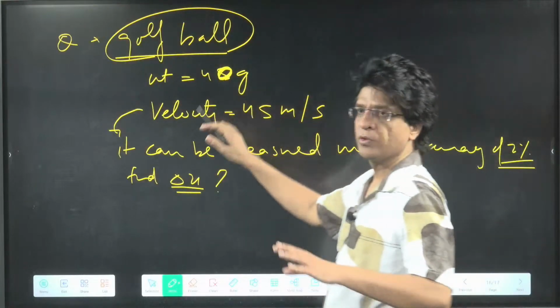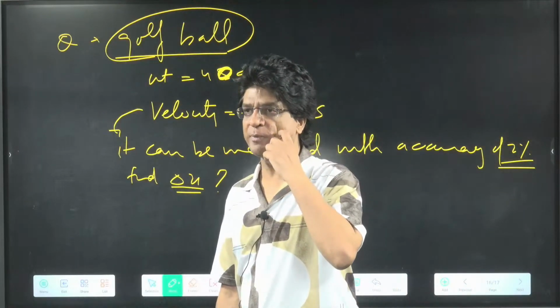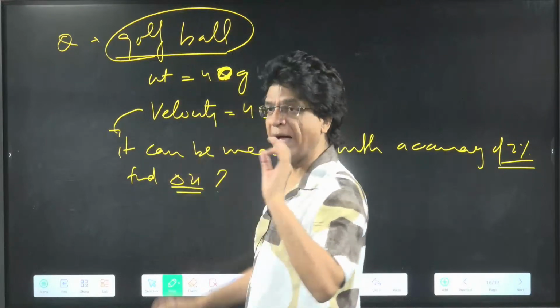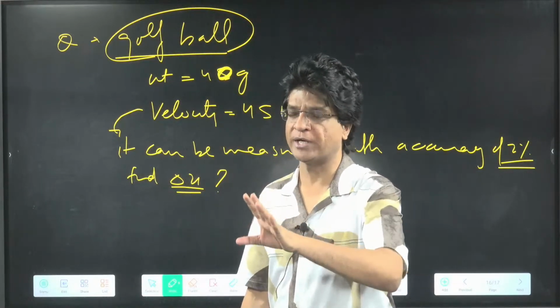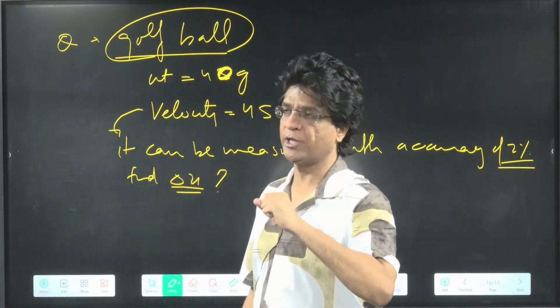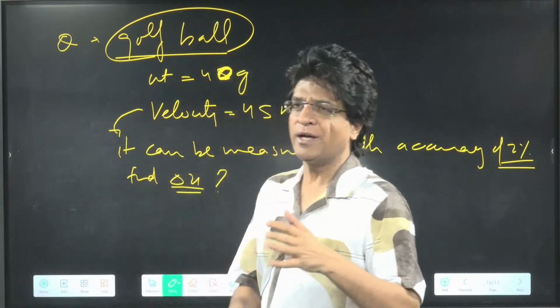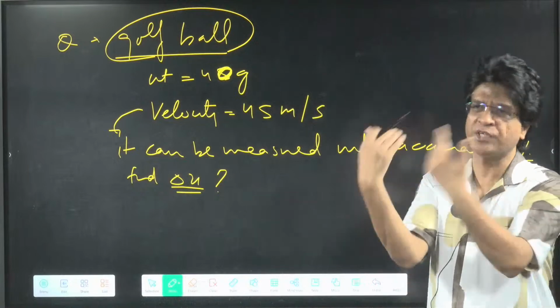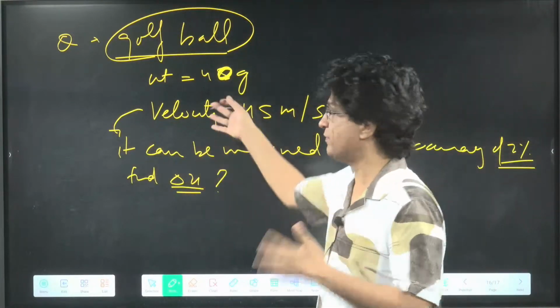The idea was that the Heisenberg principle is valid only for microscopic objects, not for macroscopic objects. In a macroscopic object like a golf ball, the result will be very, very insignificant. So let us verify that.